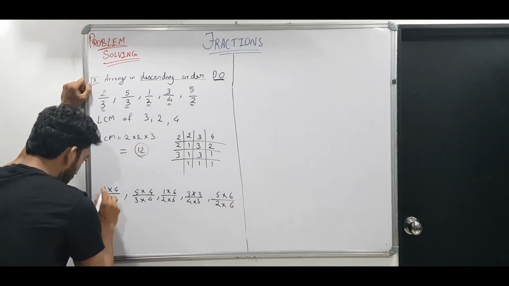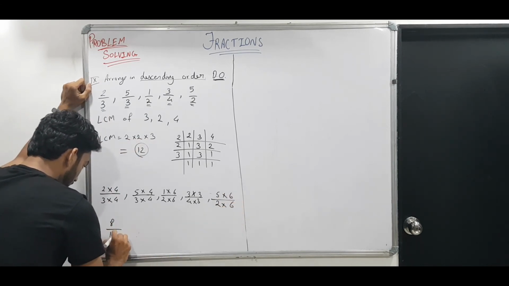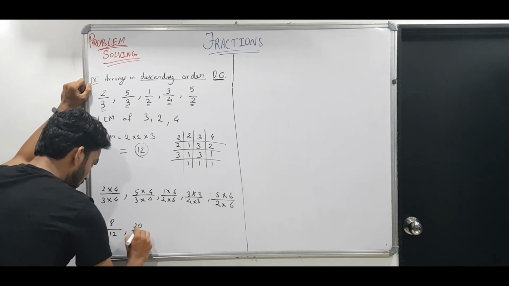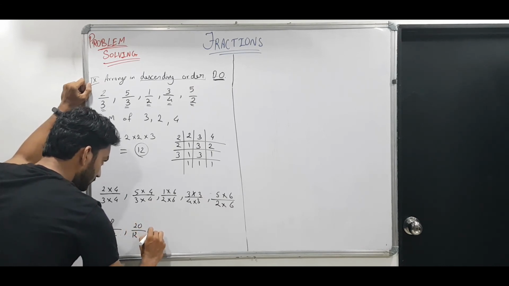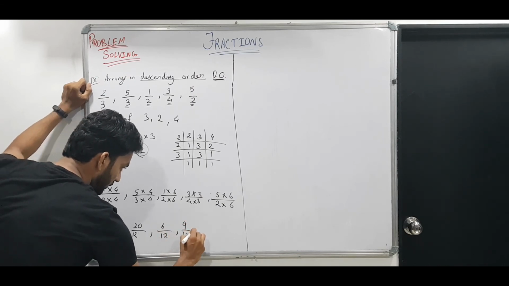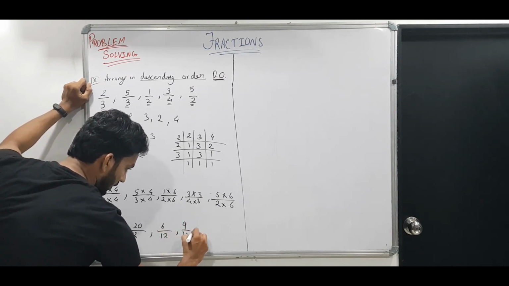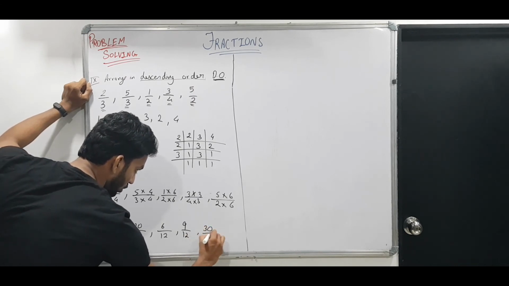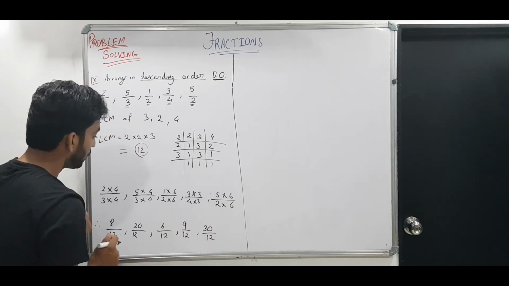So therefore we get 8 upon 12, here 20 upon 12, 6 upon 12, 9 upon 12 and 30 upon 12. We have to arrange.